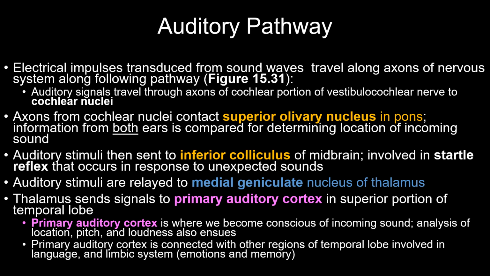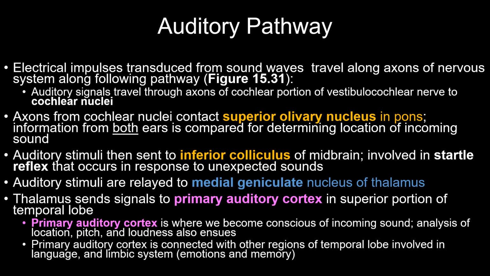But now let's talk about the actual path of the action potentials after they leave the hair cells. Obviously, they're going to leave through the cochlear portion of the vestibulocochlear nerve, and then they're going to head to the medulla pons junction. And then these cochlear nuclei are going to synapse onto the superior olivary nucleus in the pons.